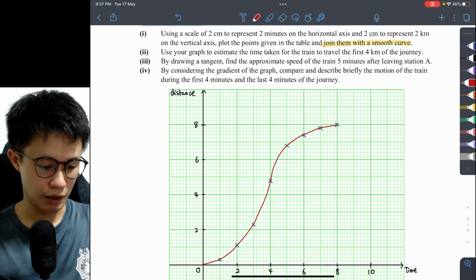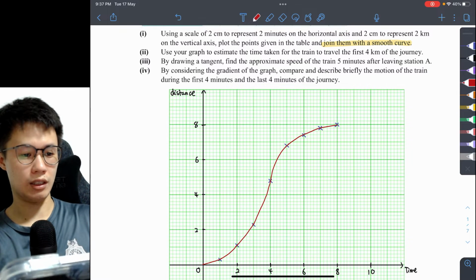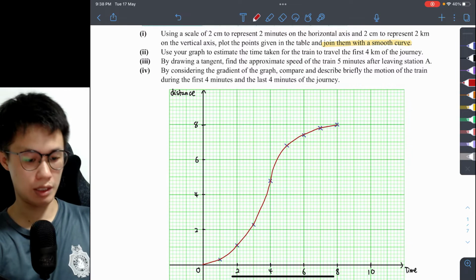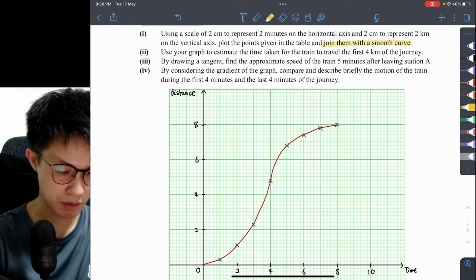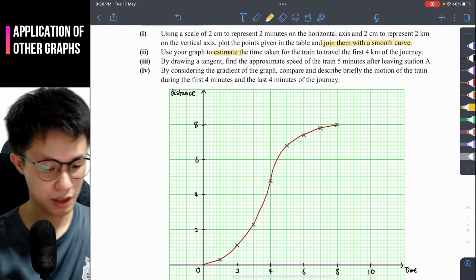Right now we can estimate the time taken. The question says estimate, so we will accept a variety of answers.